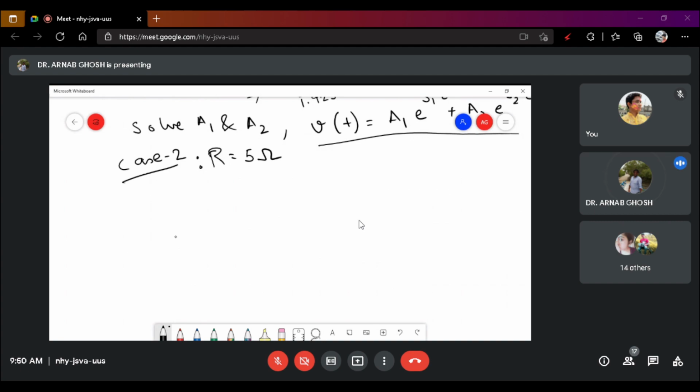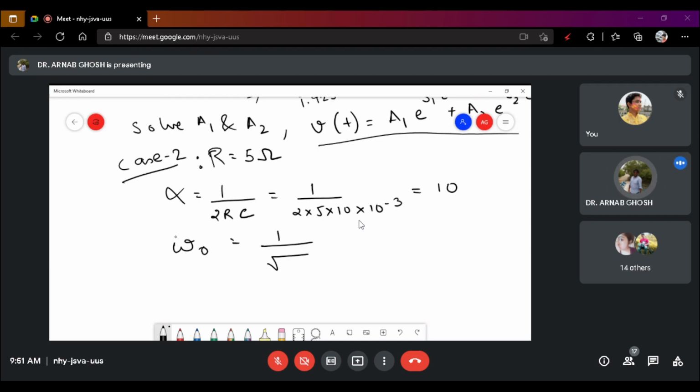So what is alpha? Again you calculate alpha, 1 by 2RC, that is 1 by 2 cross 5 cross 10 into 10 to the power minus 3, that is alpha is equal to 10. What is omega 0? Omega 0 is equal to 1 by root over LC, this will remain constant, and this is 10.